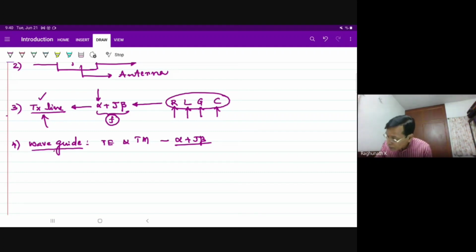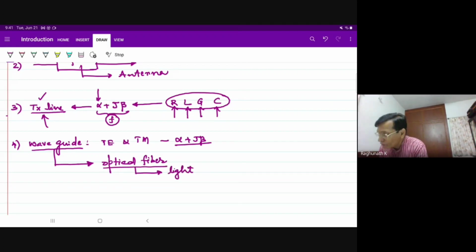The other form of the waveguide that comes into the picture is the optical fiber. Here it is basically light. Light is an electromagnetic wave, you know that.